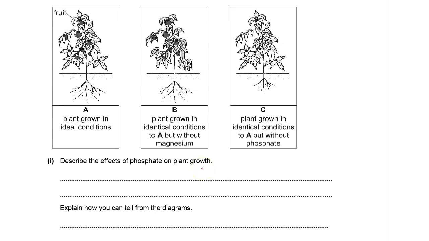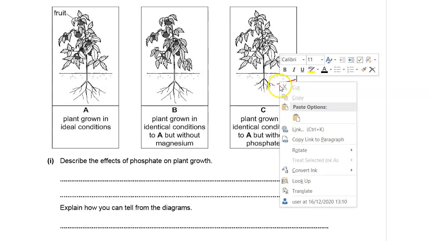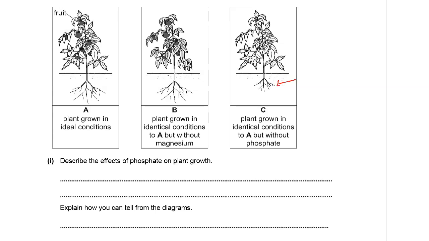Of course, you can see plant C does not have enough roots. The root development in C is not as good as in both A and B. So phosphate is required for root development.